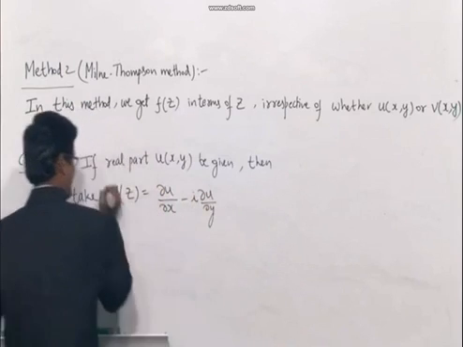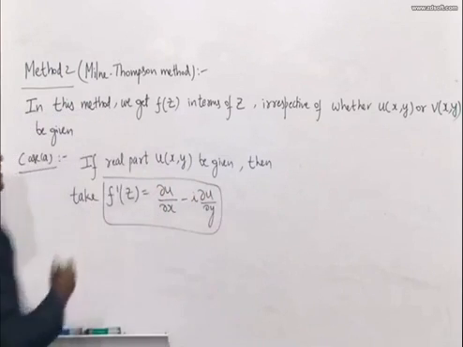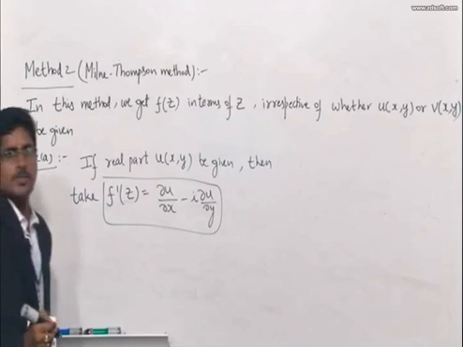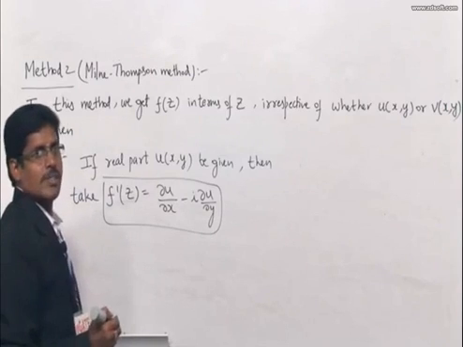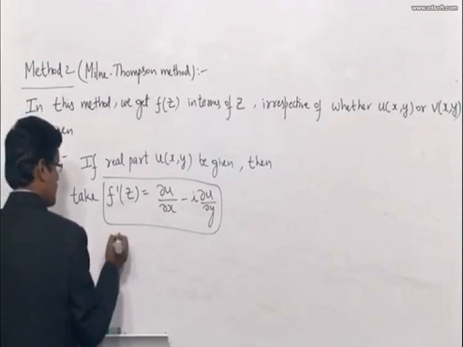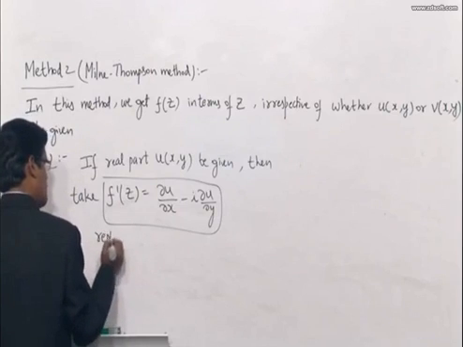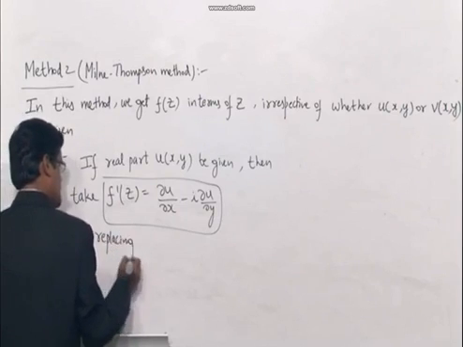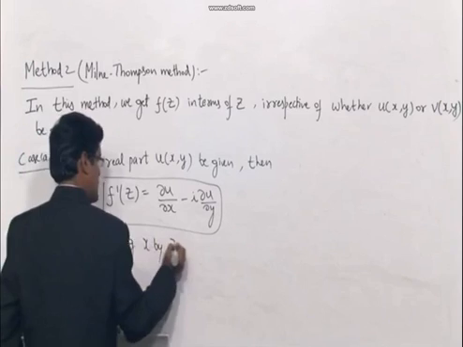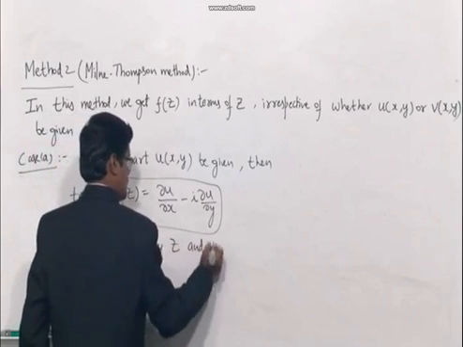Very, very important. This formula you have to consider. f dash z equals dou u by dou x minus i dou u by dou y whenever u is given. In the next step, replace x by z and y by 0.